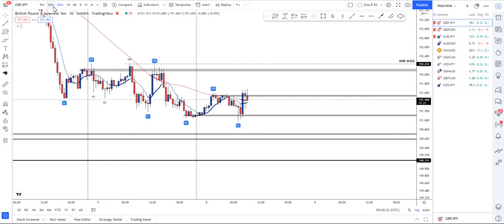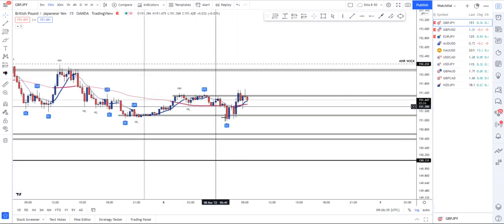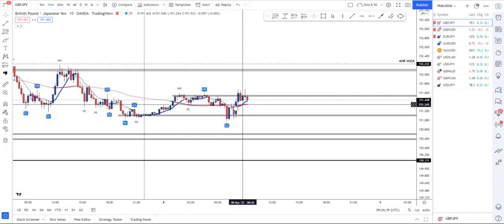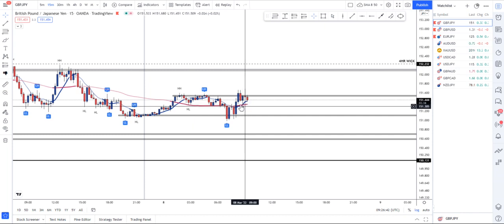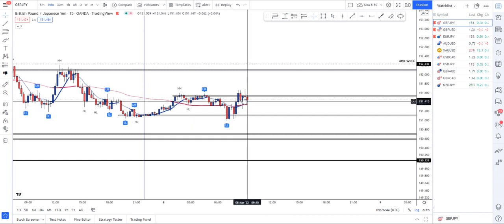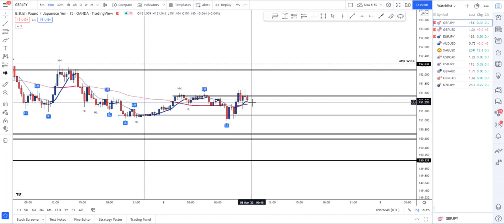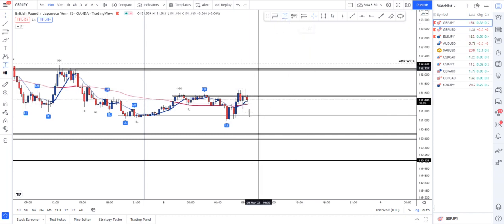That means what I'll tend to do is drop to the lower time frame now, and I'm looking for a retracement that respects the MAs I've got on here. This is the area where I'd be looking to enter.